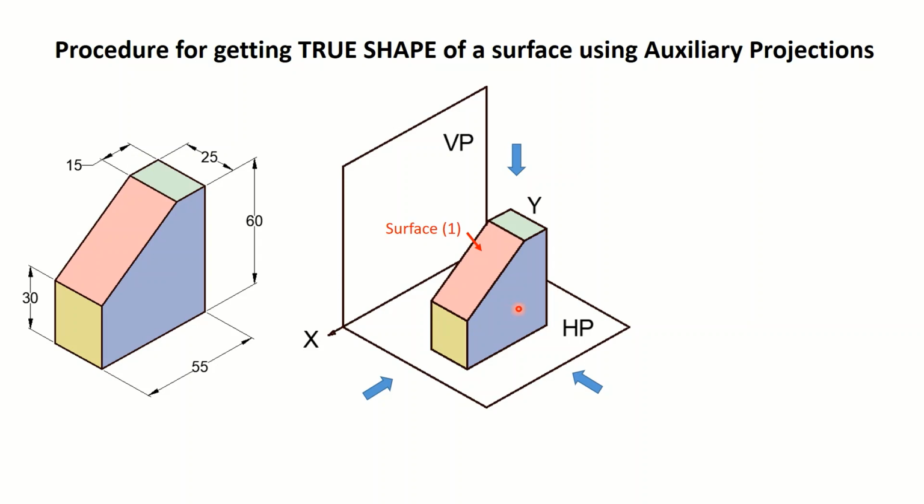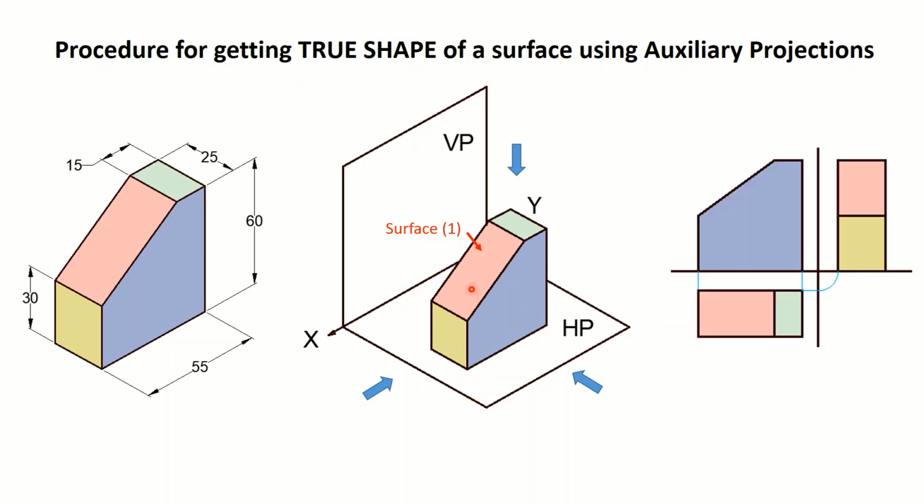So in the front view, when we are viewing from here, we will be able to see this surface. Similarly, from the top view, we will be able to see these two surfaces, this flat surface and this inclined surface. From the side view, we will be able to see this vertical surface and this inclined surface. So these are the three different views for the given object.